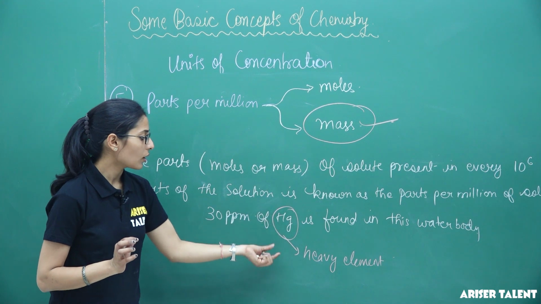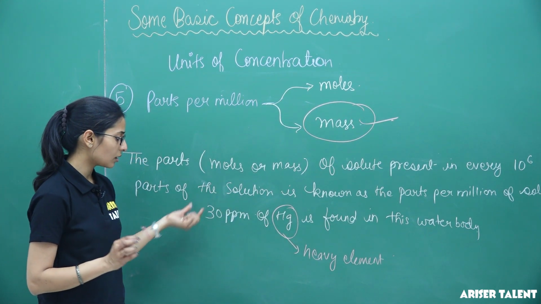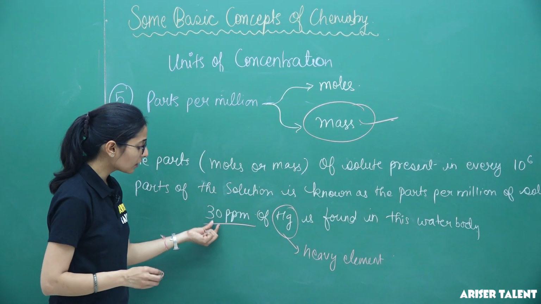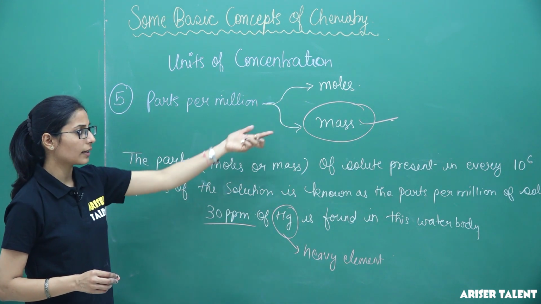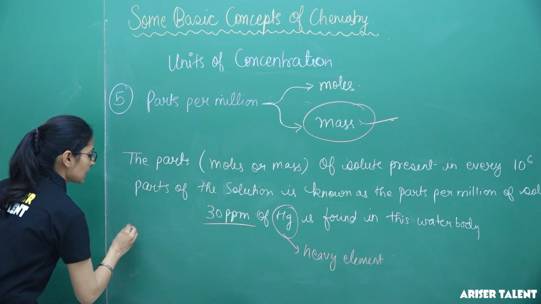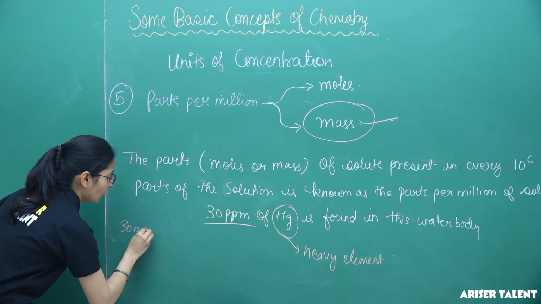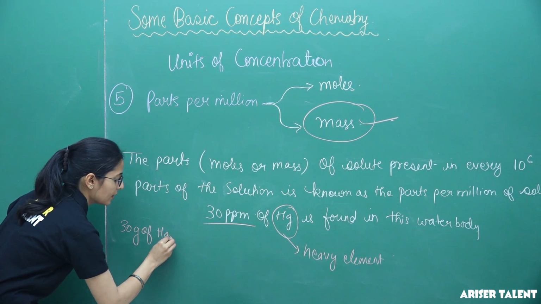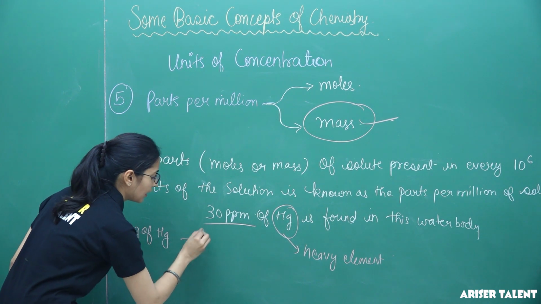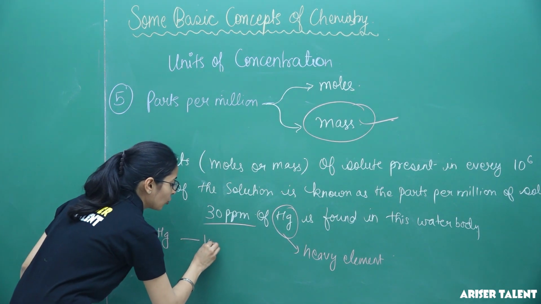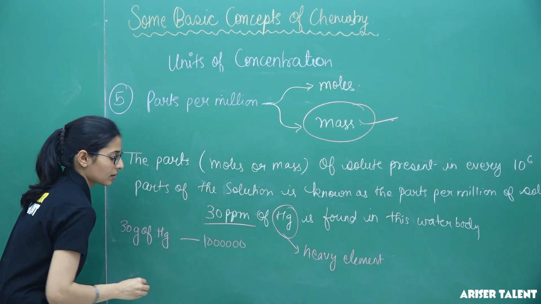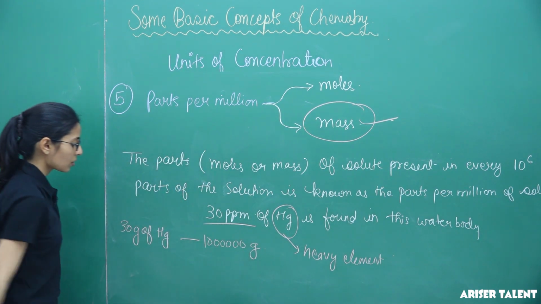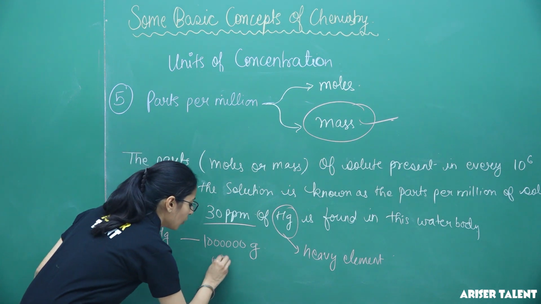Okay. So, what is this heavy element and what is this 30 ppm saying? It means 30 parts. I have told you if nothing is written over there, then you have to consider the mass. So, it means that 30 gram of Hg is present in 10 to the power 6 grams of water.